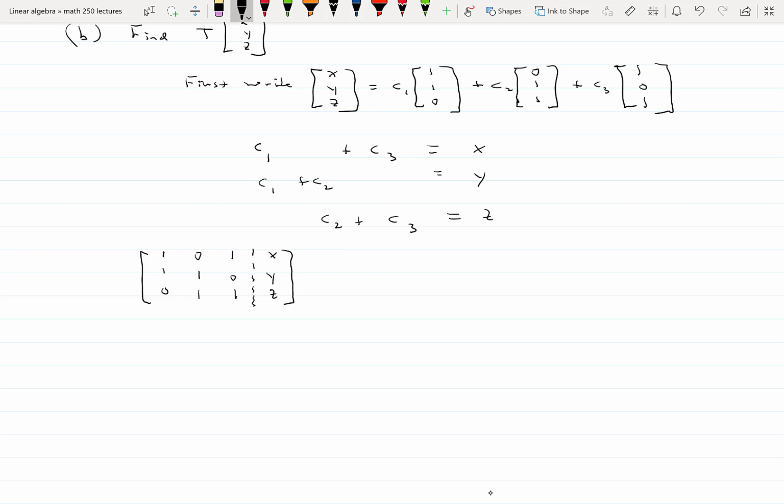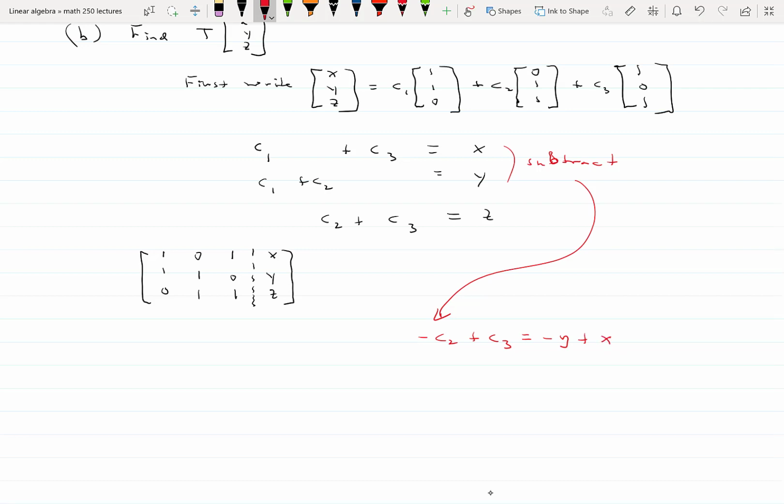You could take the first two equations and subtract to get minus C2 plus C3 equals negative y plus z, plus x.